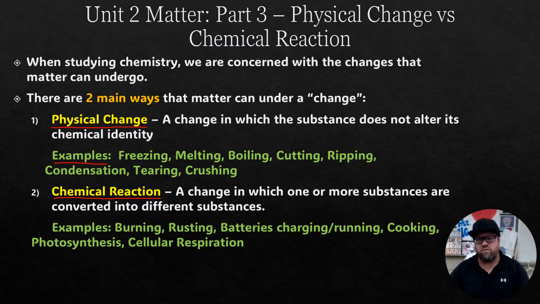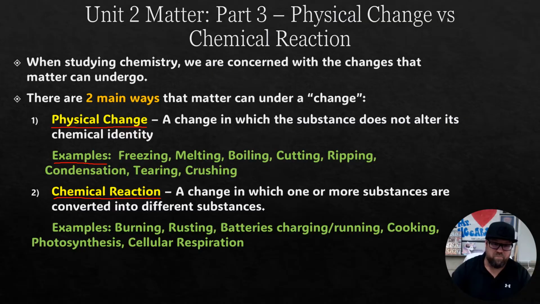So whenever you change the state of matter, that's always a physical change. Cutting, ripping, condensation, tearing, crushing, those are all terms and descriptions that would allow you to identify something as a physical change. And the big thing there is physical change does not change the chemical composition or identity of the matter.